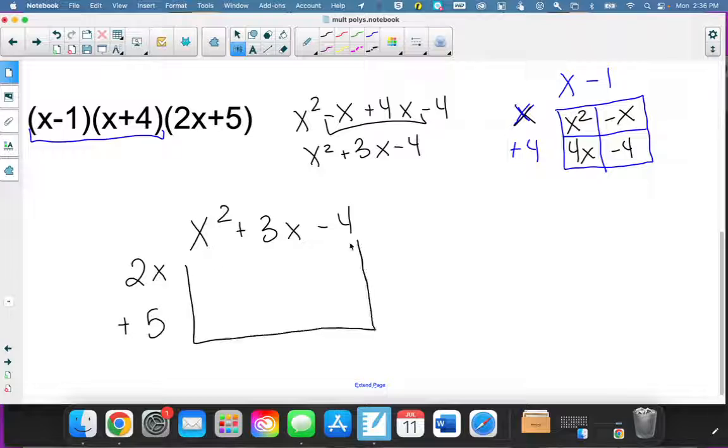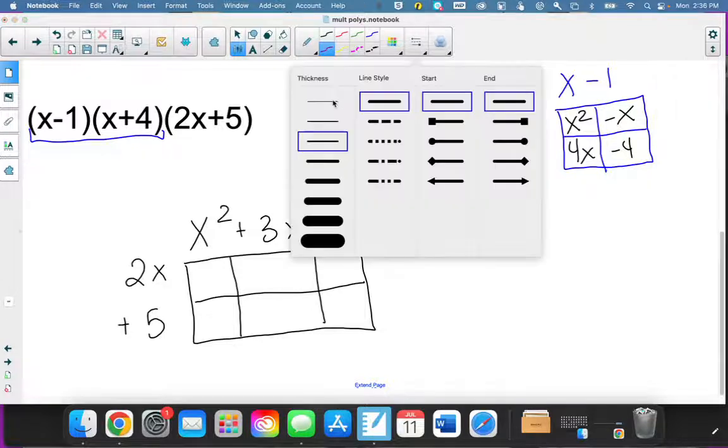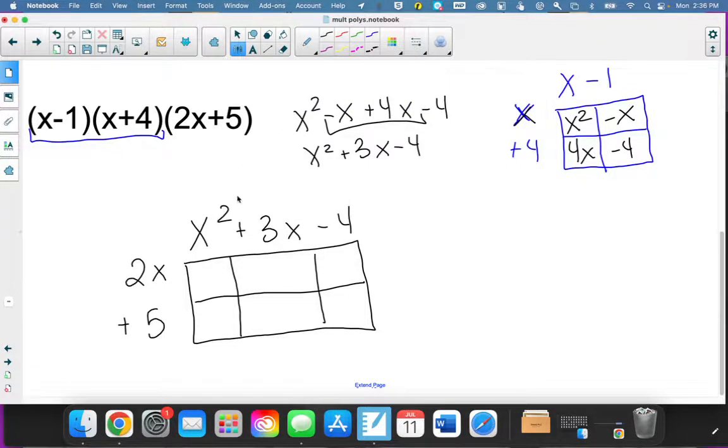Again, you're doing the exact same thing. You're just doing this more because you have to split it into the individual terms in order to be able to multiply it and not leave anything out. Okay, so let's go ahead and finish and get our volume.